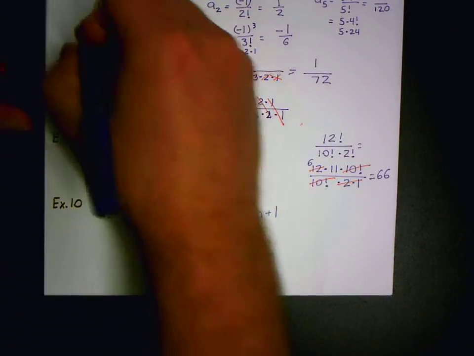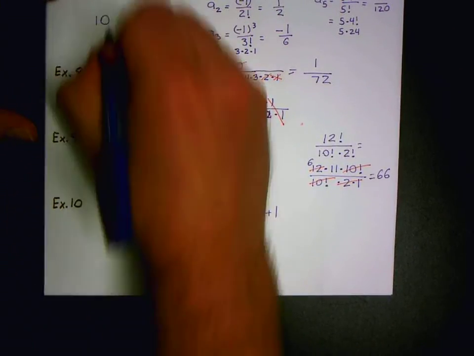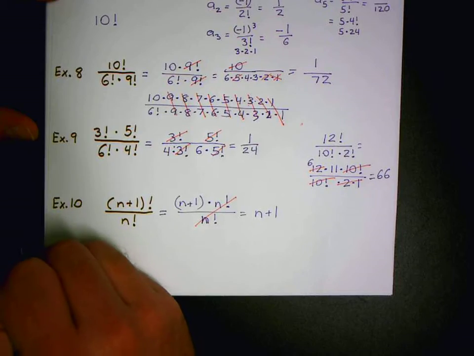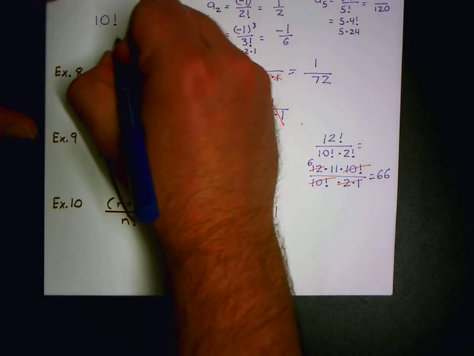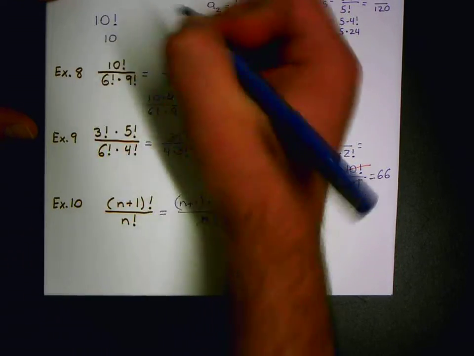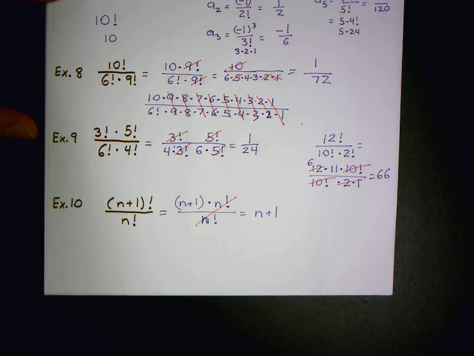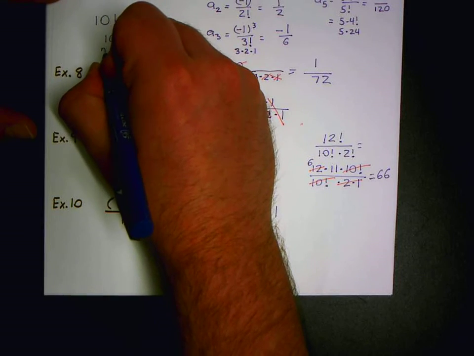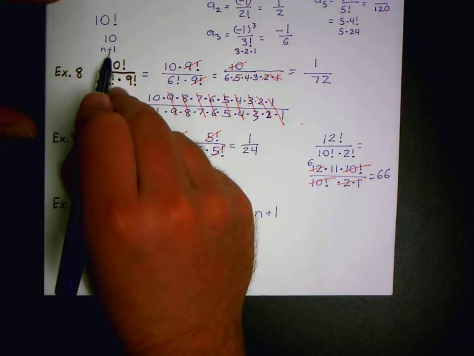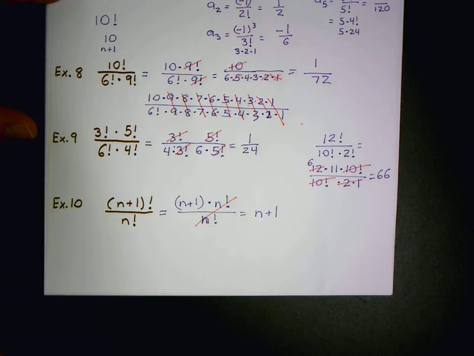Whenever I have this, and I take this out, how do I get that next number? Okay, the next number is 9, right? Yes. I get that by subtracting 1 from the 10. Okay. If I subtract 1 from this, what is left? n.